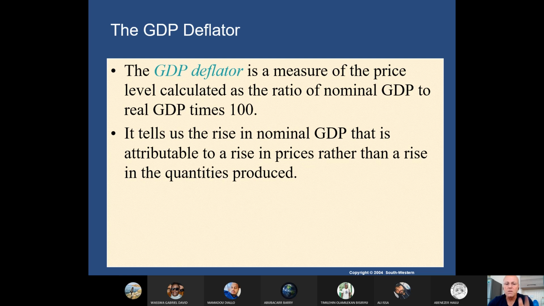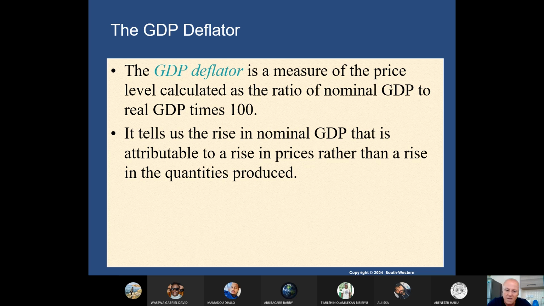Therefore, we use this GDP deflator to make corrections on the GDP, using this nominal GDP to real GDP ratio, which is multiplied by 100, and this will then give you the real terms, the real numbers in the economy.